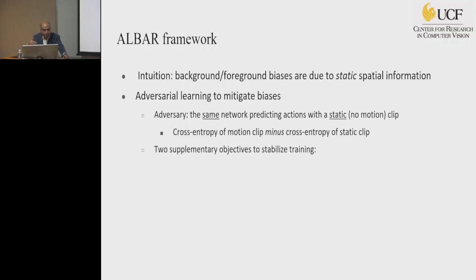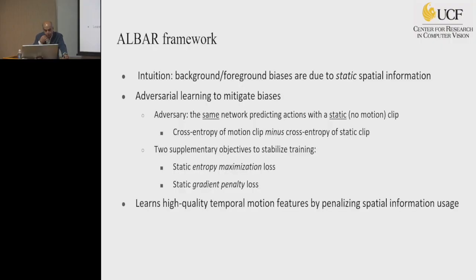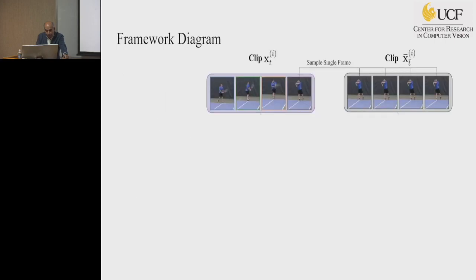We will add two supplementary objectives to stabilize training: the static entropy maximization and the static gradient penalty loss. So we will learn high quality temporal motion features by penalizing the spatial information.